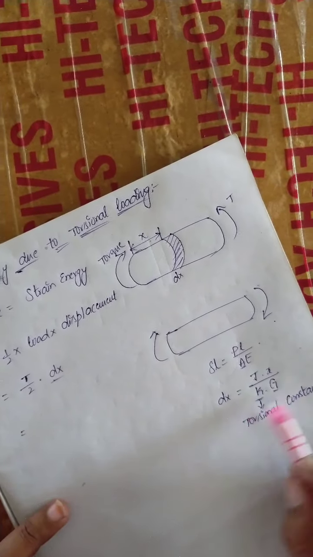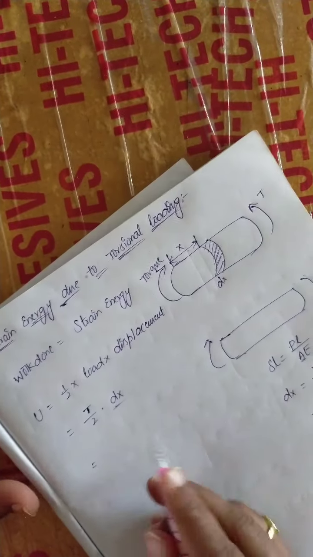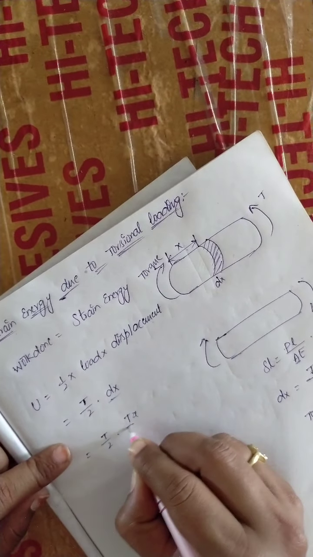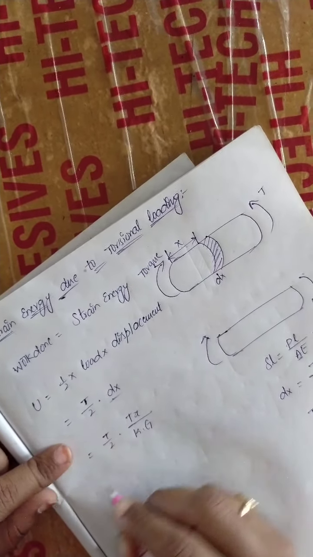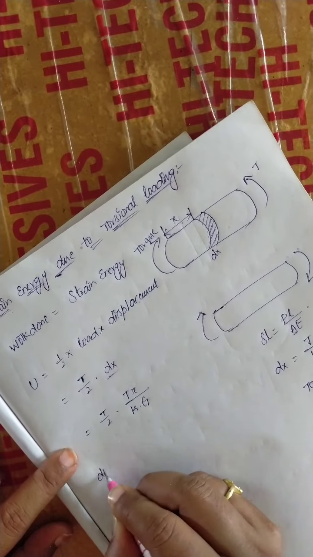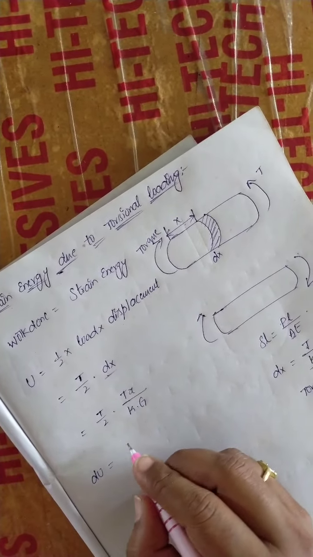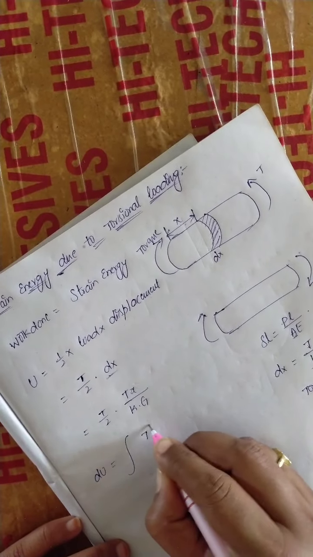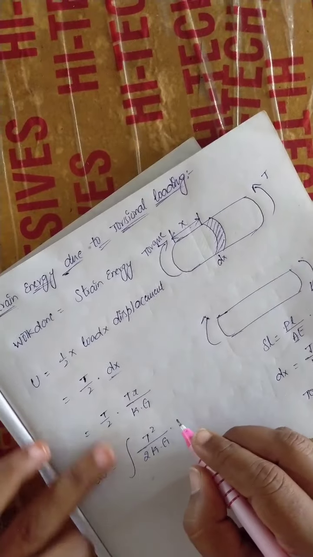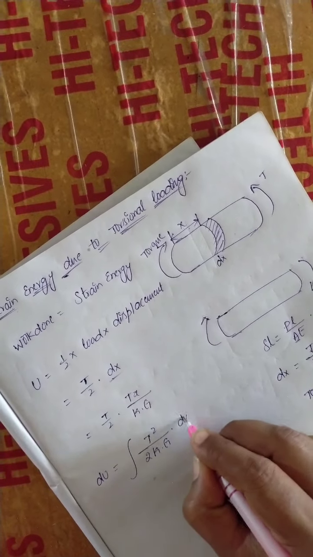So I am going to substitute this dx value here, that is T by 2 into Tx by KG. Again the same concept: if you are going with some elemental part, then it will be integration of T square by 2KG into dx, where dx is the elemental length.